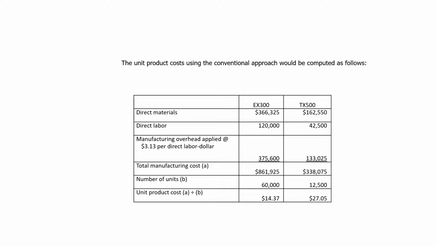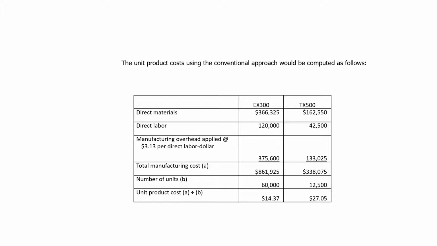So the total manufacturing cost would be the direct materials plus the direct labor plus the manufacturing overhead applied, $861,925. That's the total cost to manufacture 60,000 units. Divide the 60,000 into 861,925 to get a unit product cost of $14.37 each.